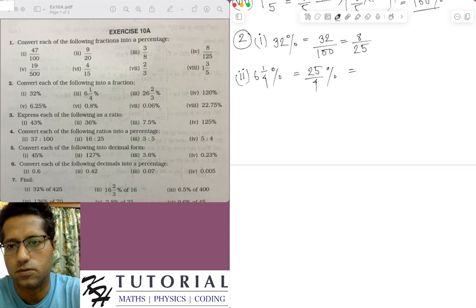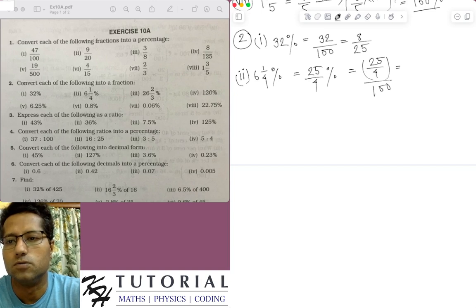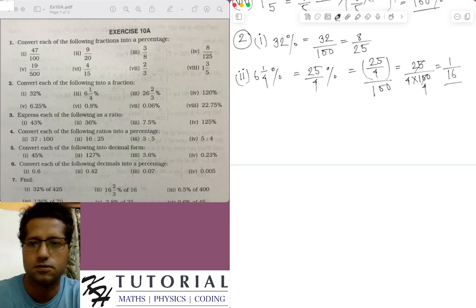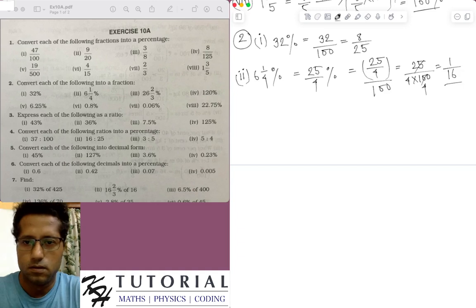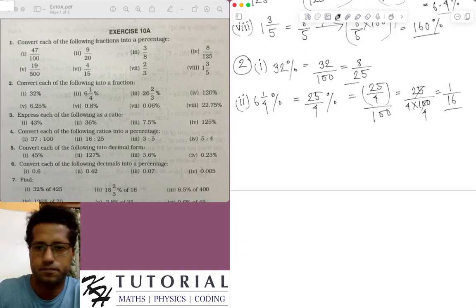When we convert a percentage to a fraction, we simply divide the percentage value by 100. So now this becomes 25 divided by 4 into 100. This equals 1 by 16. So 1 by 16 is the answer, and for the previous one it was 8 by 25.